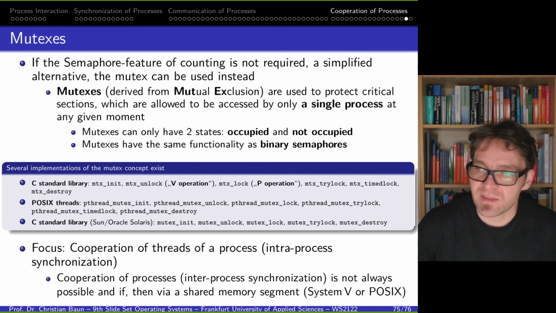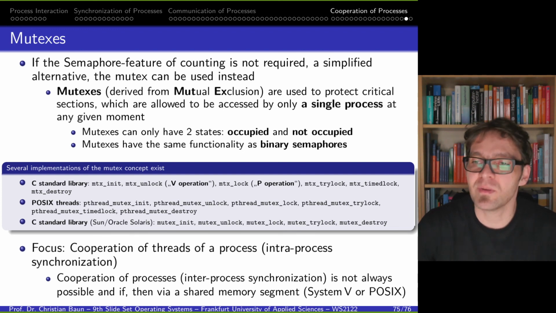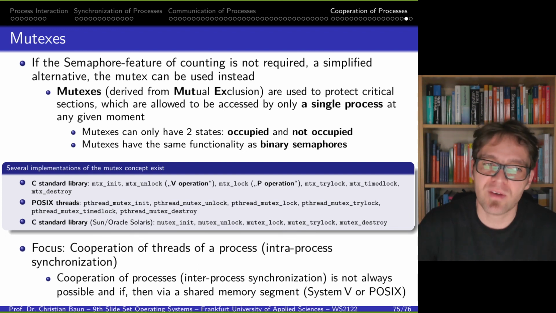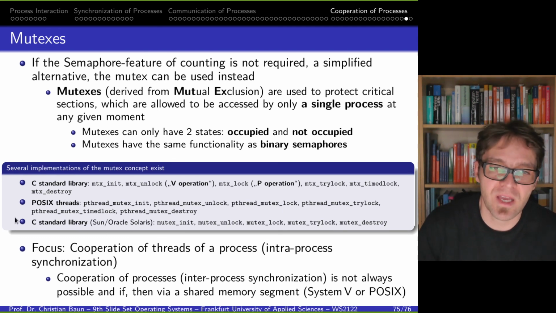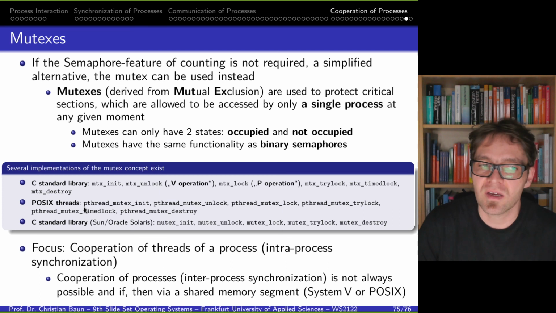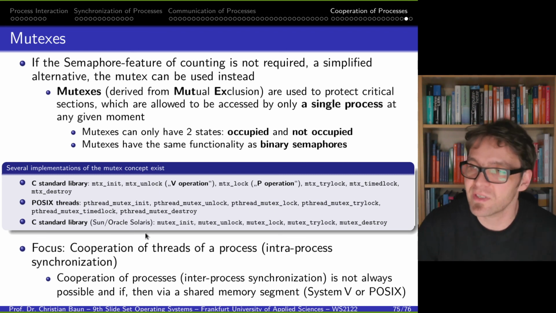Stupid thing, there is not just one mutex implementation. You have several implementations. You have the standard library mutexes, you have the POSIX thread library mutexes, you have the C standard library mutex from Solaris, which is dying out slowly.